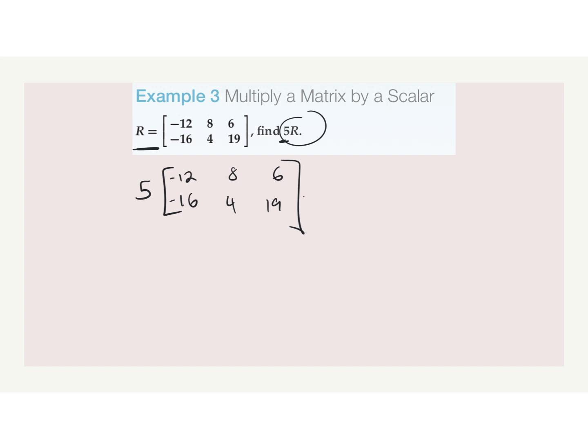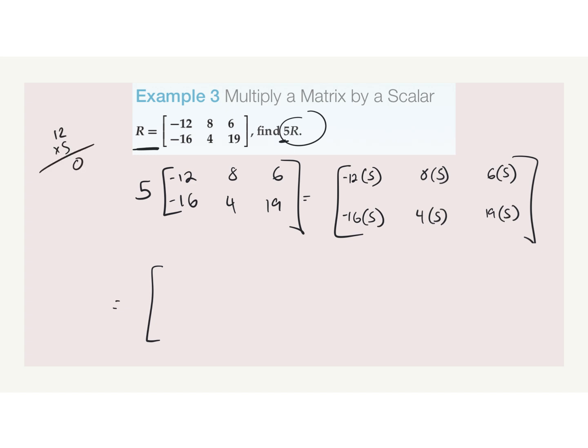So I'm going to write out all the steps. It's going to be negative 12 times 5, 8 times 5, 6 times 5, negative 16 times 5, 4 times 5, 19 times 5. And then you actually get to solve it, and that's when you get your final answer.